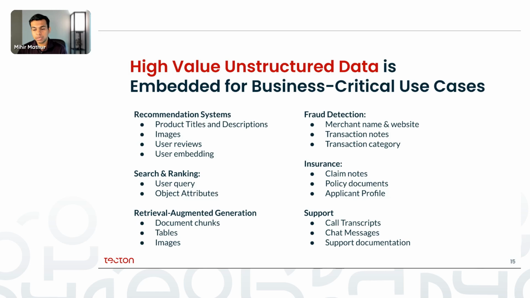And for support, I'm talking specifically about high volume customer support use cases where you have thousands, if not hundreds of thousands, of call transcripts generated every day, chat messages, and support documentation. That would also qualify as a pretty business critical use case.